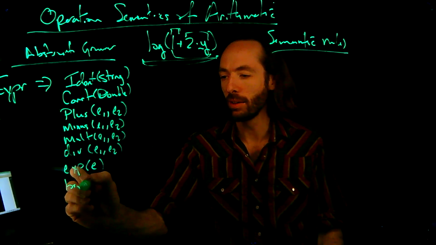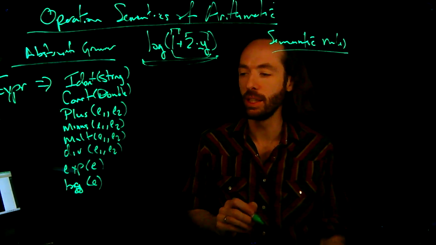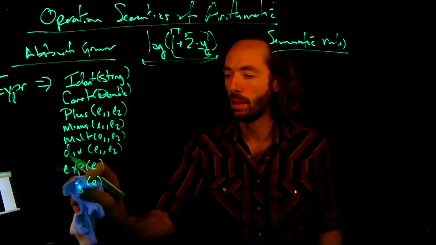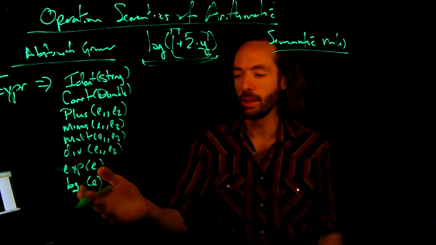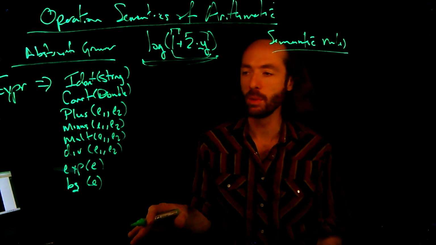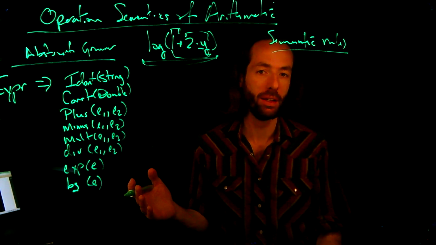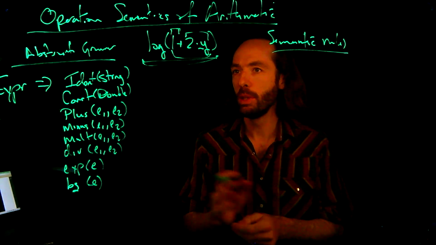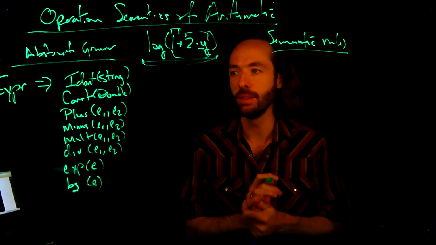And then we'll have log, right, the inverse of the exponent function, which takes an expression e and will compute the log of it. We can have more things like sine, cosine, but this is enough of a fragment for us to work with. If you want to see the fuller expression, we have that in the Jupyter notebooks that you can play around with. But this is enough to at least represent our target sentence here.